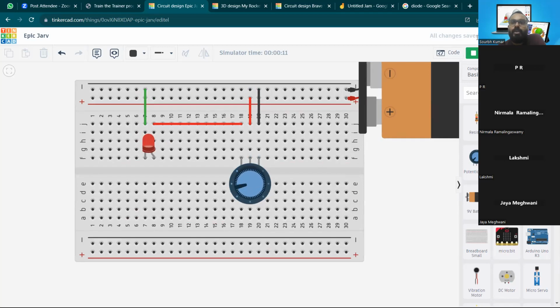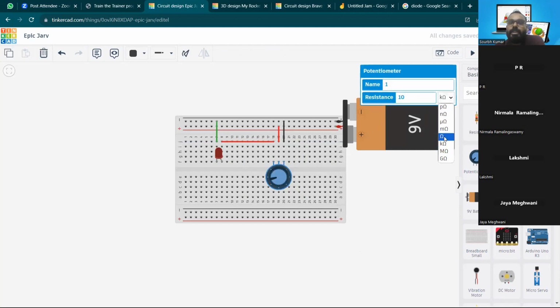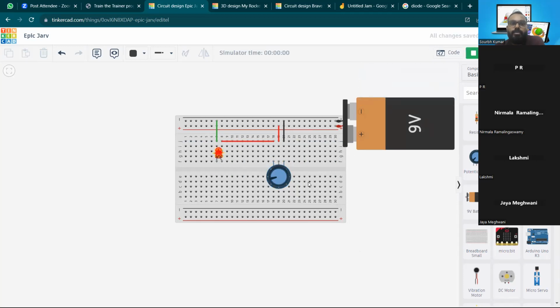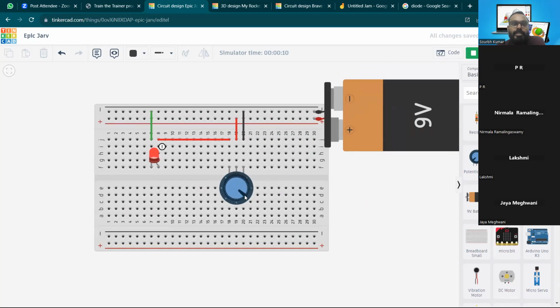So if I reduce the value of resistance in between further, then what will happen? Let's say 100 ohm or 200 ohm. Now if I change the value, you can see the changes.